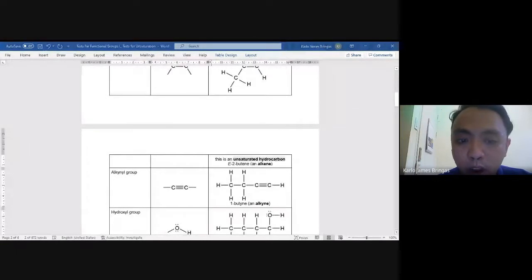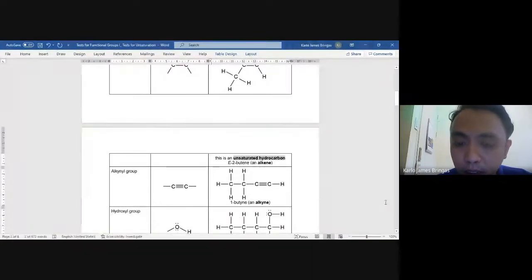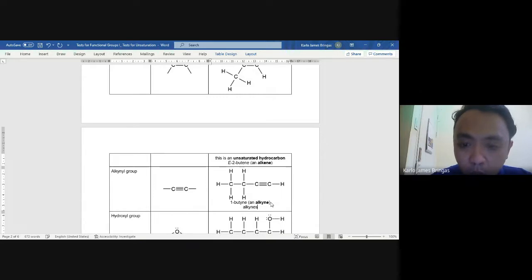Same with our alkynes. Our alkynes here, if you notice, itong carbons involved in the triple bond, so wala talaga silang hydrogen whatsoever. So our alkynes are also unsaturated hydrocarbons.